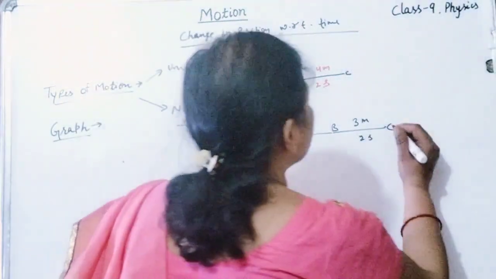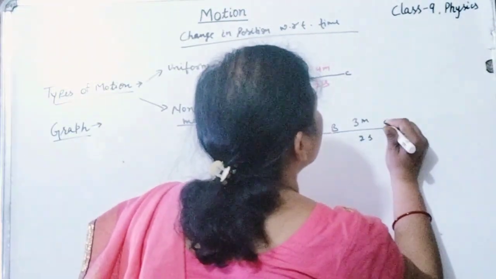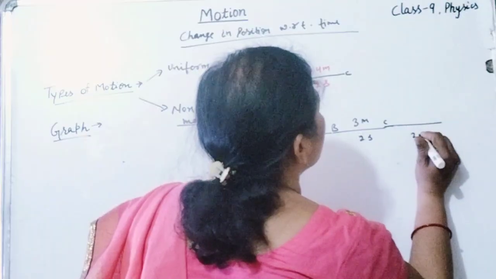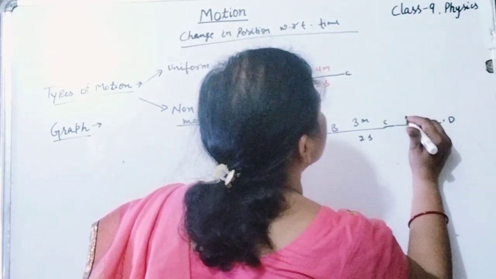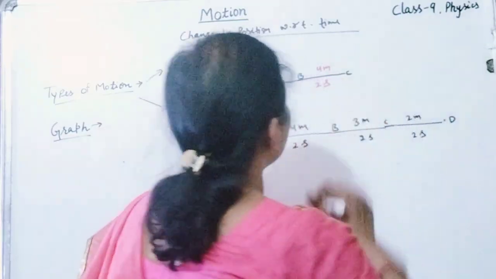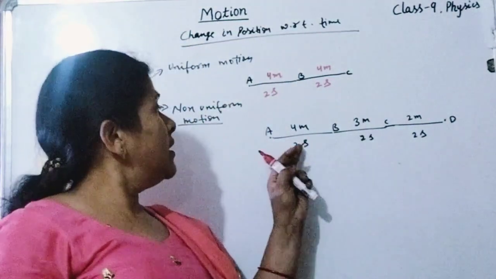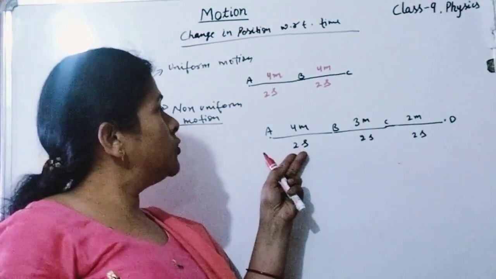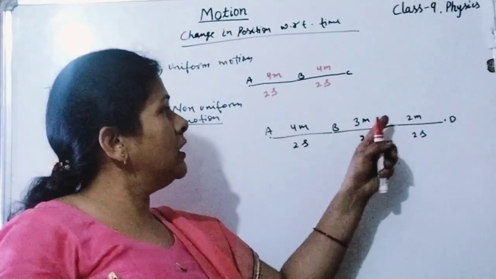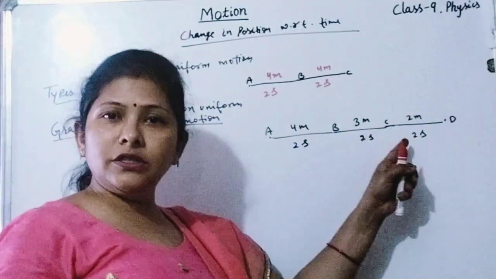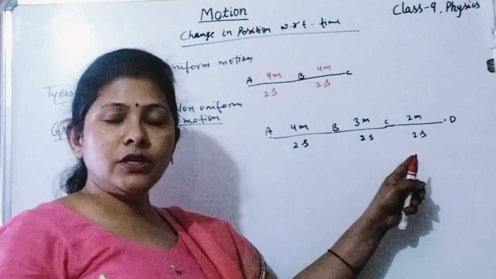And in the next 2 seconds it will reach the point D and cover the distance 2 meter, for example. So in this example, objects cover unequal distance in equal interval of time, right?